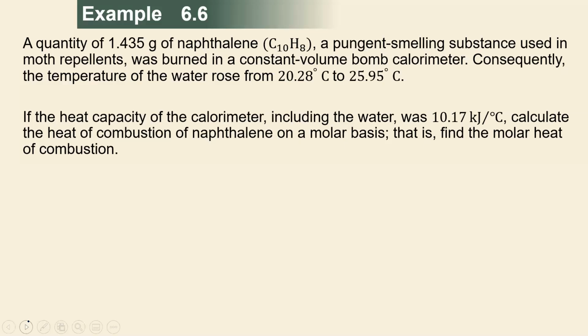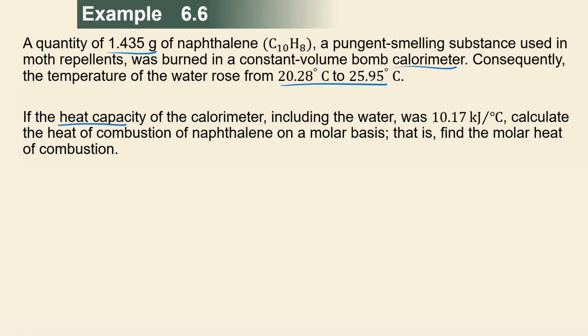So let's do one problem real quick, and then I'll stop this little problem session, and we can ask some questions. So we have some mass of naphthalene burned in a calorimeter, right? So calorimetry, measuring heat. We have this calorimeter, and we have a temperature change.